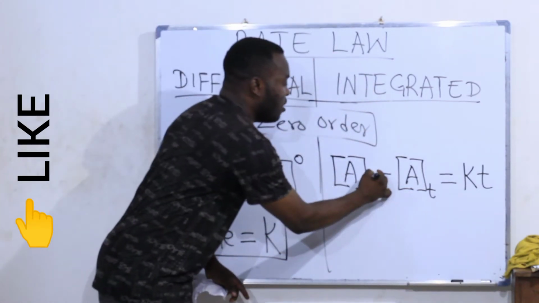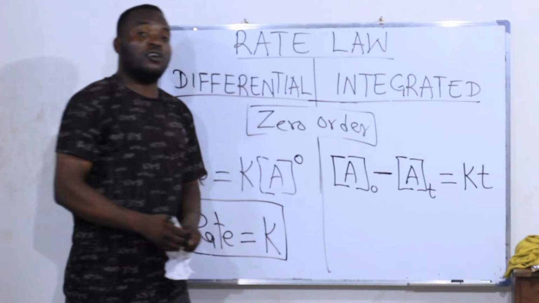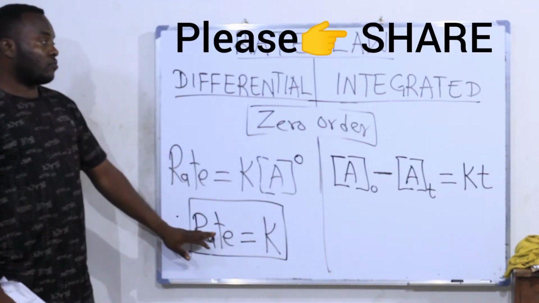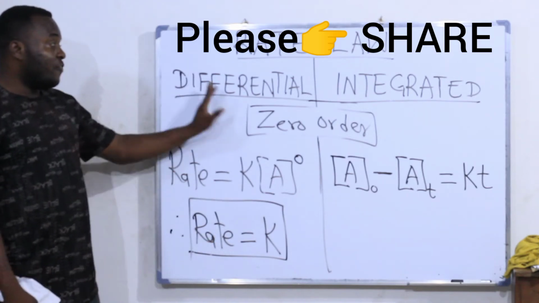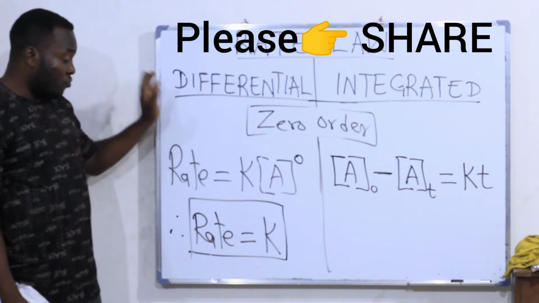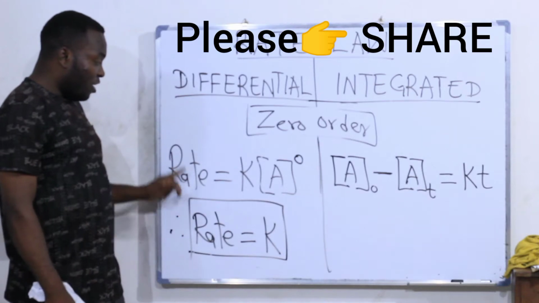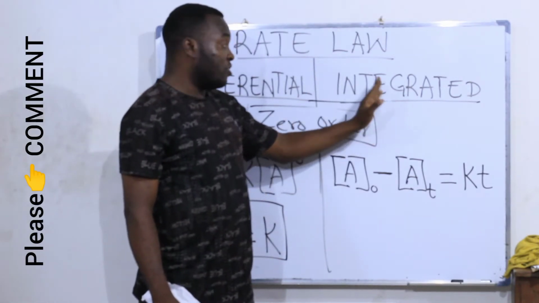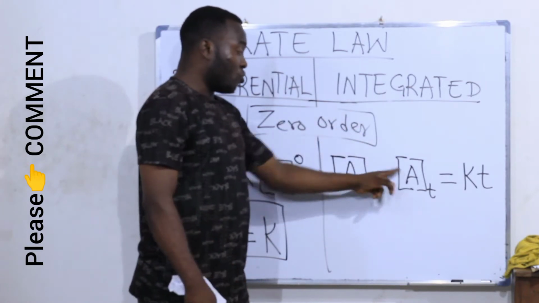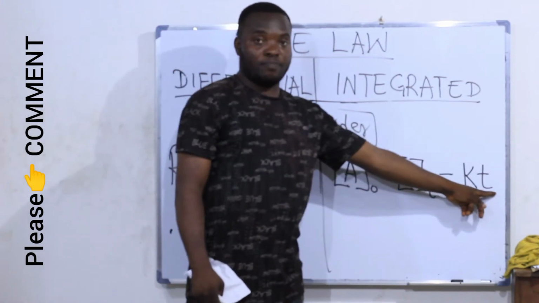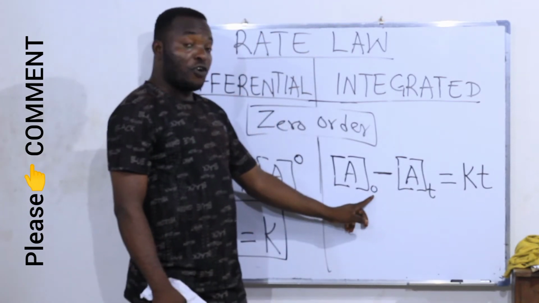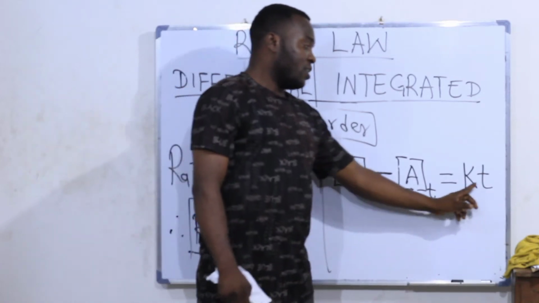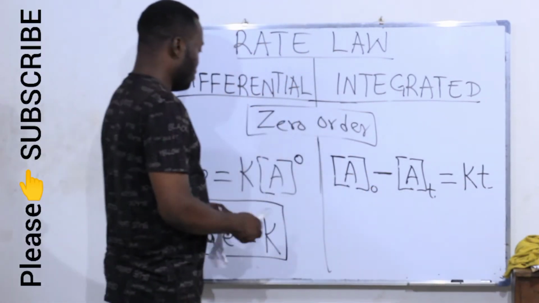This is the integrated rate law formula for zero order, while the other is the differential formula for zero order. The differential formula is the one that shows the relationship between rate of the reaction and concentration, while the integrated expression is the one that shows the relationship between concentration and time. A0 here stands for initial concentration, AT stands for final concentration, K stands for rate constant.